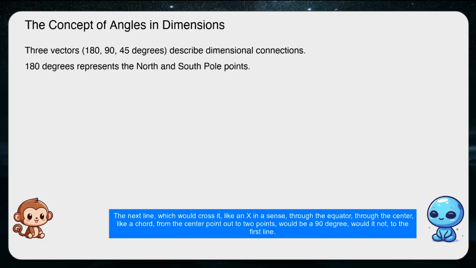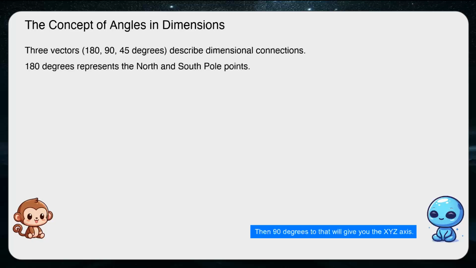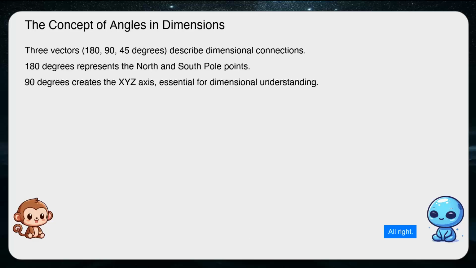The next line, which would cross it like an X in a sense, through the equator, through the center, like a chord, from the center point out to two points, would be a 90-degree to the first line. Then 90 degrees to that will give you the XYZ axis. Have you got that? Mm-hmm. All right.